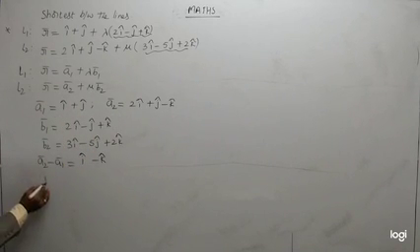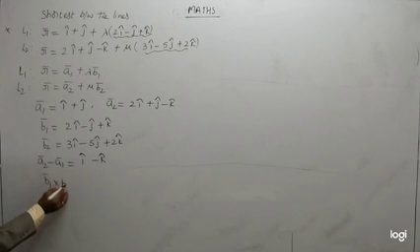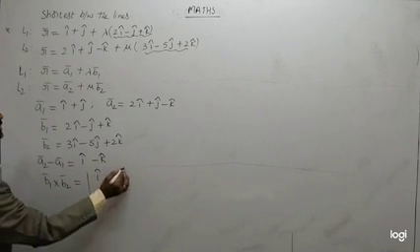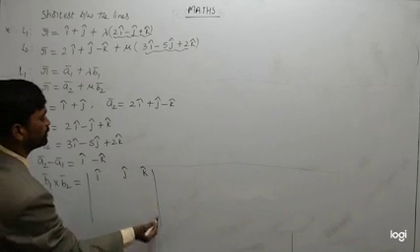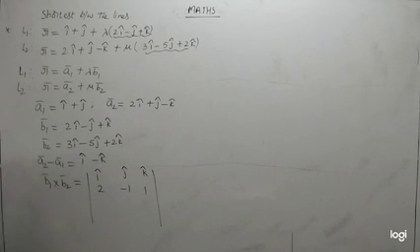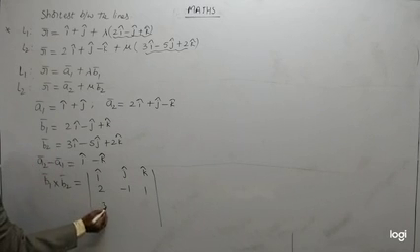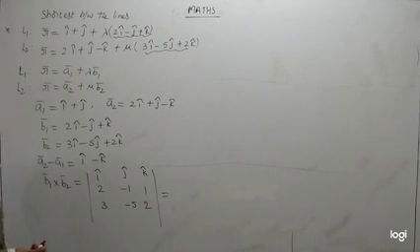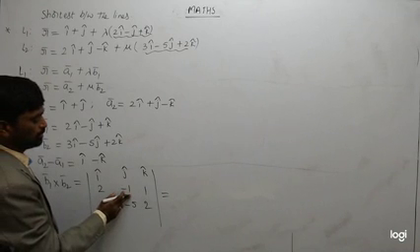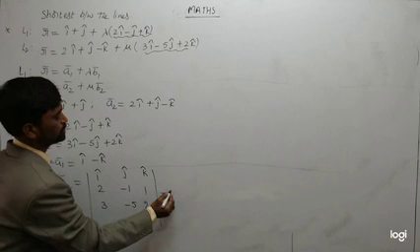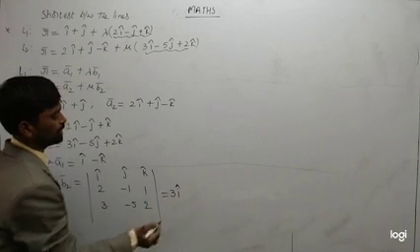Next, you calculate B1 bar cross B2 bar. So B1 bar cross B2 bar: I cap, J cap, K cap. B1 vector components 2, minus 1, 1. B2 bar vector components 3, minus 5, 2. So calculate the vector. What you will get here: I cap into minus 2 plus 5, that is 3, so 3 into I cap.